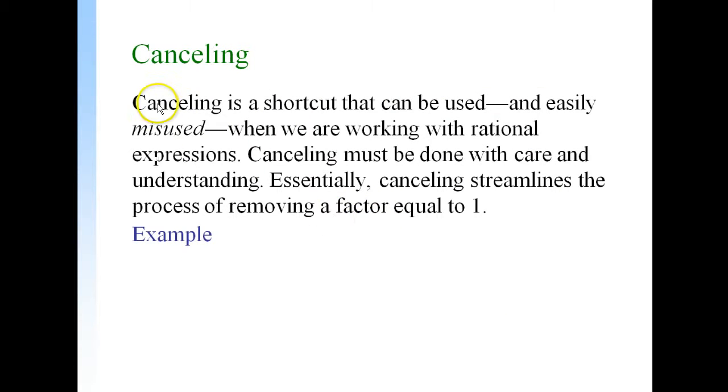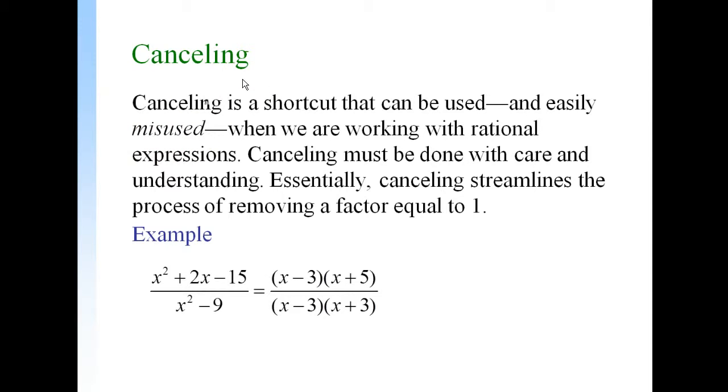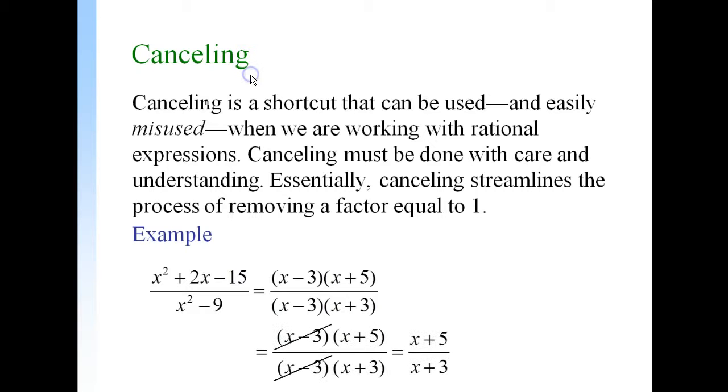All right, so this is canceling, which is a shortcut that can be used. And of course, it can be misused too, so you have to be careful. And they're just saying this is a 1. You can just cancel it out like we did.